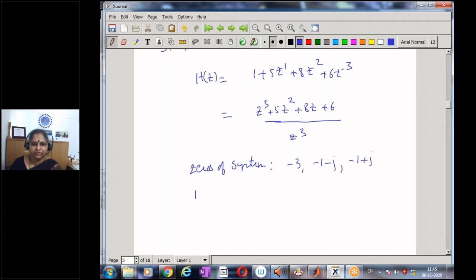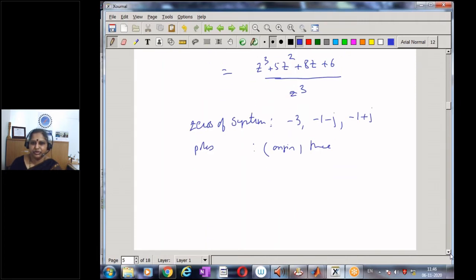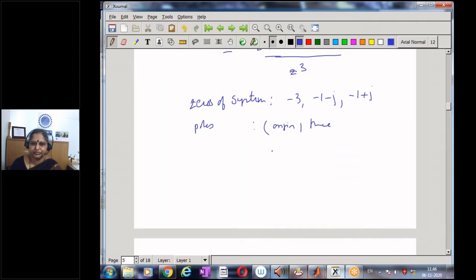And we have the poles of the system. We have 3 poles of the system, all located at the origin. And they are 3 in number. 3 poles, all the 3 poles located at the origin. So if I try to get the pole zero plot of this system, say I have the z plane, where this is my real axis and this is my imaginary axis.